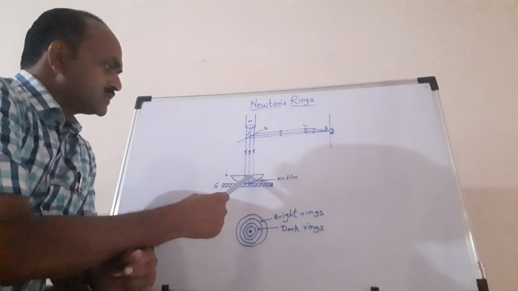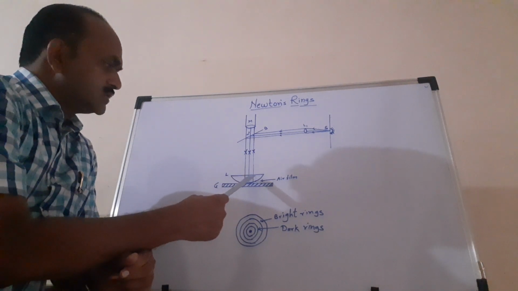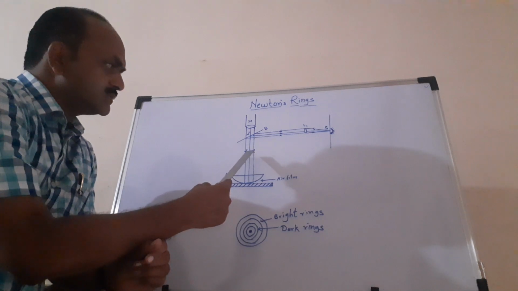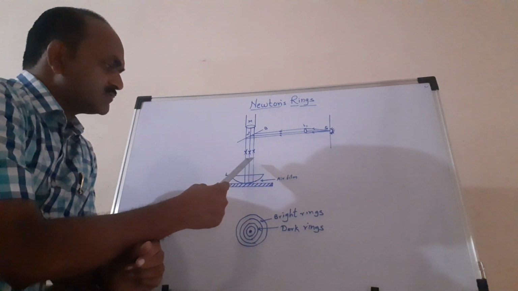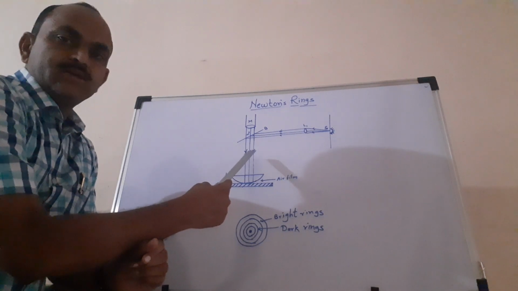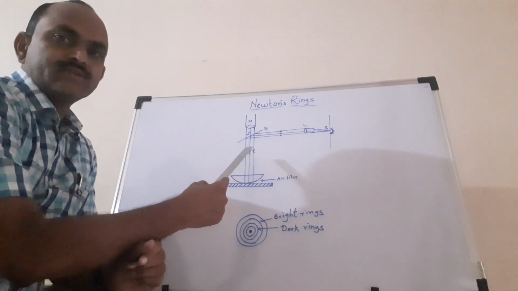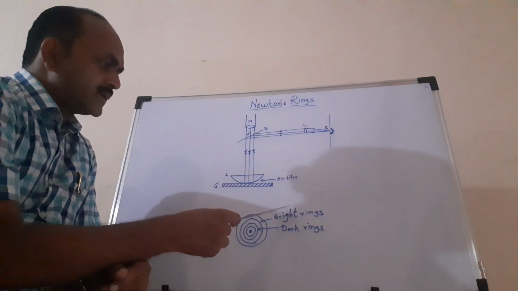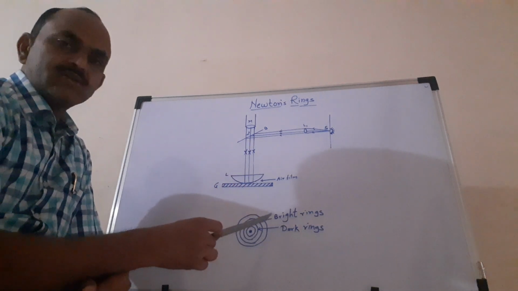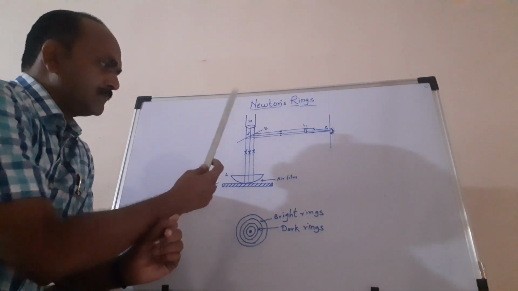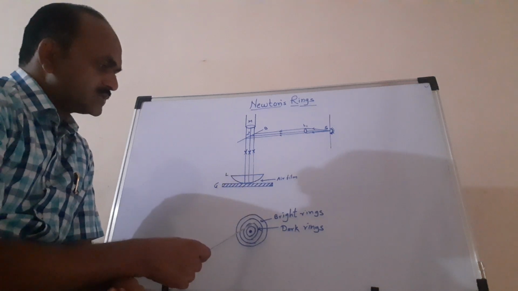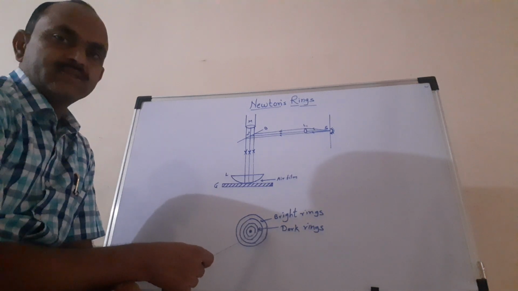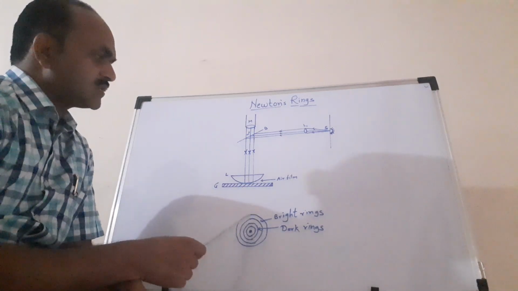When the rays are incident on this glass plate, they are reflected towards the glass plate B. The rays coming from this glass plate B and the rays reflected from the surface of glass plate G interfere, and we can observe the Newton's rings, that is bright and dark rings, through this microscope M. These rings are formed alternately, dark, bright, dark, bright, and this is called Newton's rings.